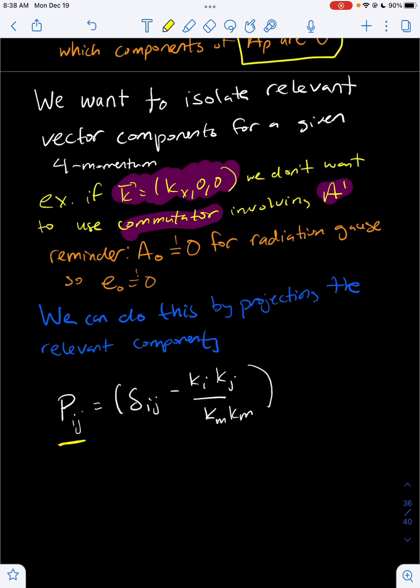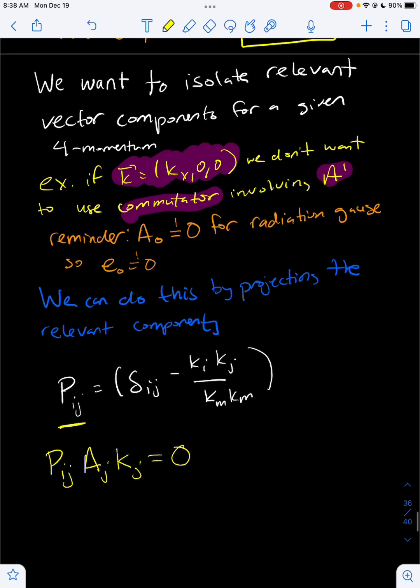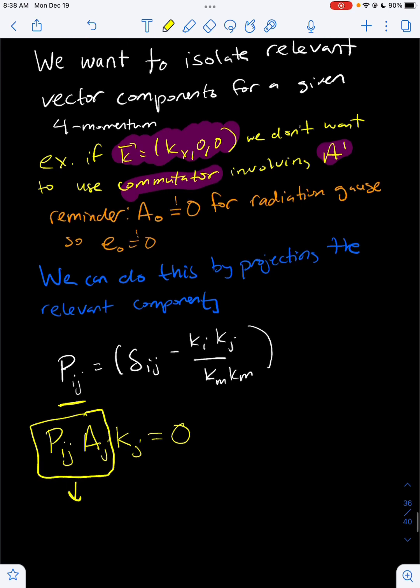And it turns out that when Pij acts on Aj, and that acts on some momenta, that's going to give us some new component. We can call that Ai with a little bar on top.